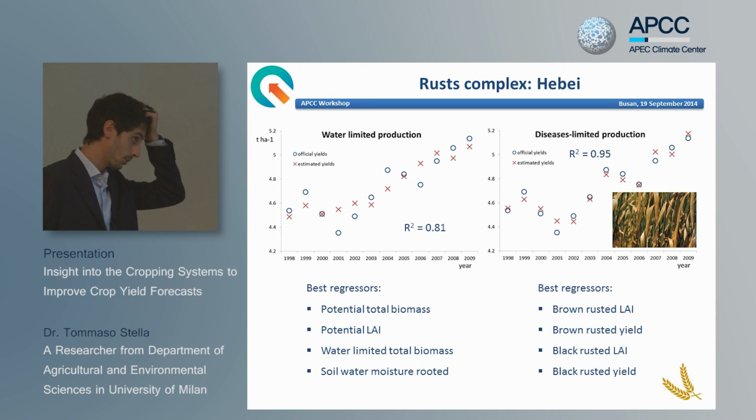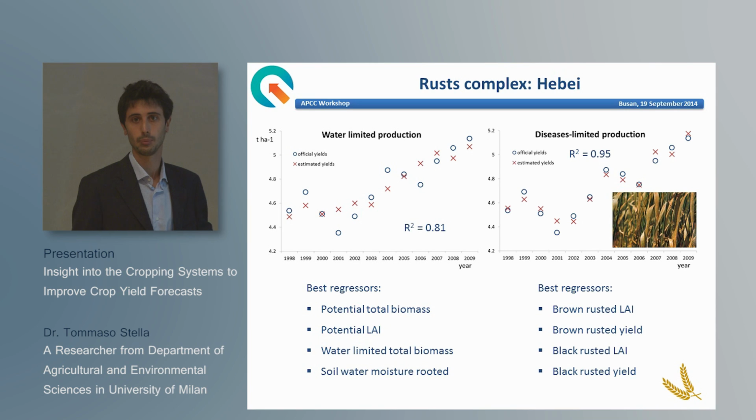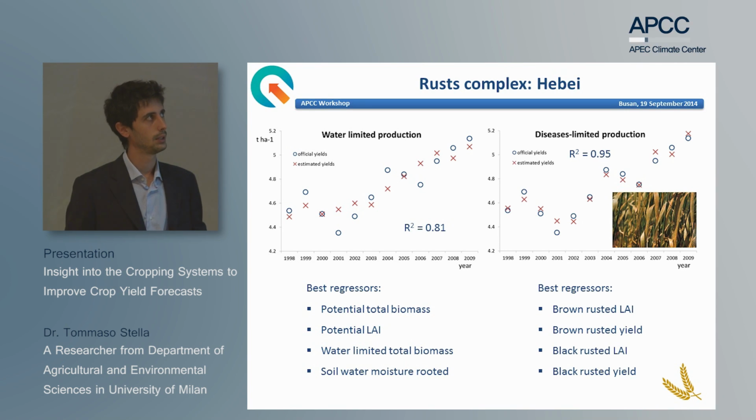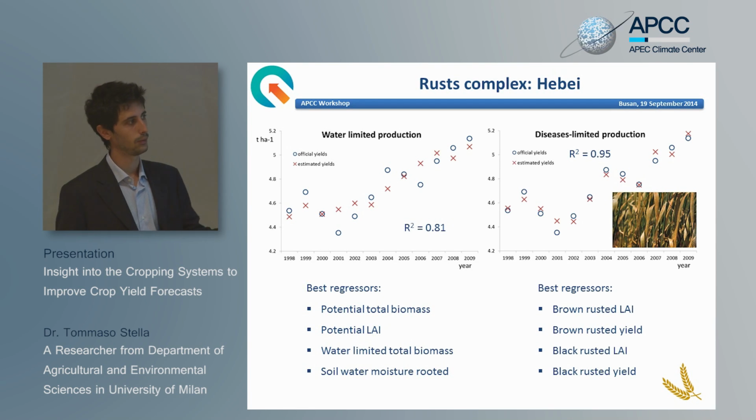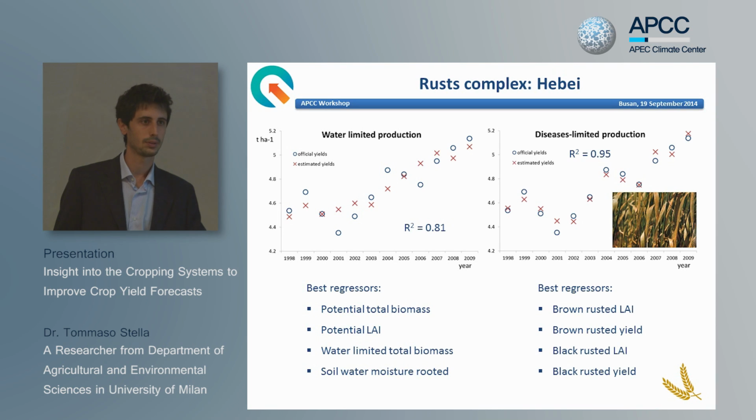Okay, I told you that yellow rust is actually the most important and the most impactful. And this was an exploratory study in this Hebei province. And probably, okay, the simulation of disease improves the results. But probably we still have some problems of parameterization.